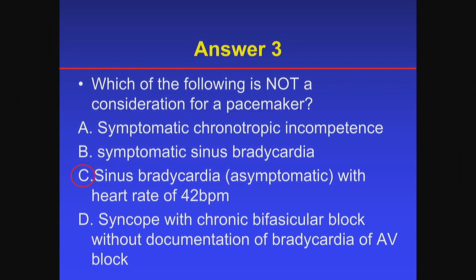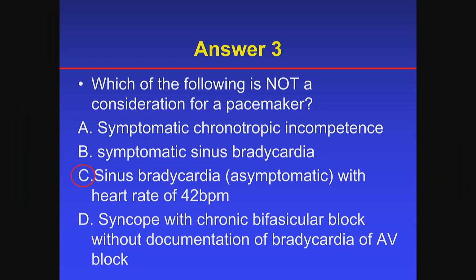Here the answer is C. Once again, in patients with sinus node dysfunction, the correlation between symptoms and the bradycardia has an important role in determining who needs a pacemaker. Therefore, A and B both involve symptomatic bradycardia patients, and a pacemaker would be a reasonable option.